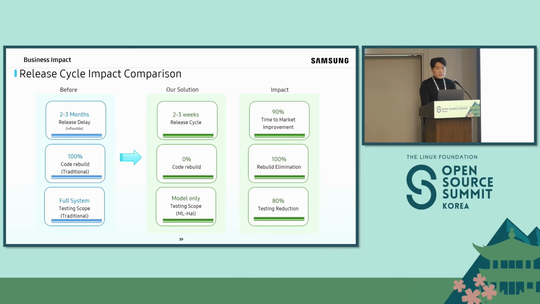Unnecessary code changes are eliminated, significantly reducing the scope of rebuilding and tests required. Previously, when code changes were needed due to vendor or SDK updates, both app developers and AI model developers had to collaborate, requiring extensive testing across all areas and consuming considerable time.